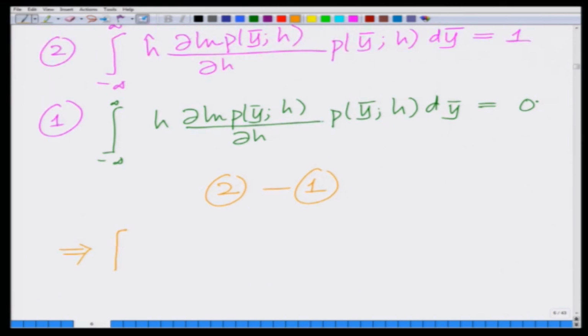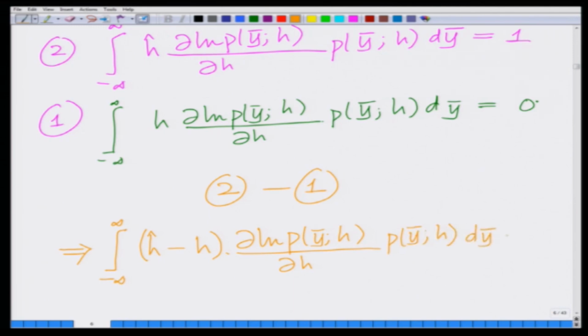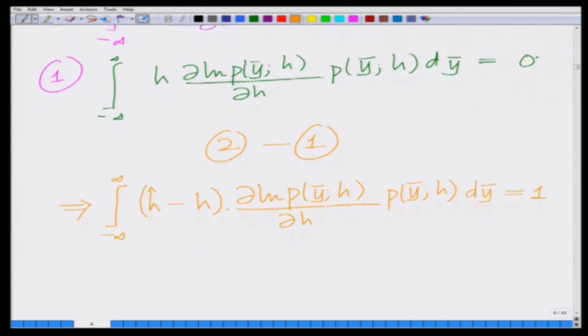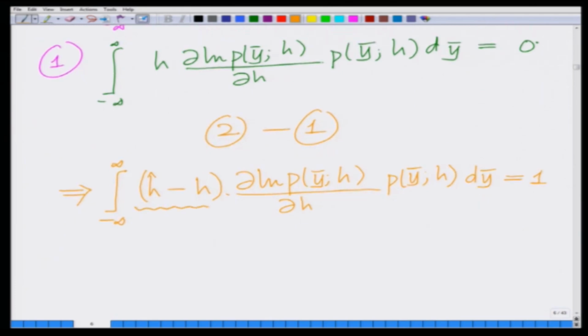This implies h hat minus h times the derivative of the log likelihood function with respect to h times the probability density function of y bar parameterized by h, or basically the likelihood function, dy bar is equal to 1, alright, and this is a central result. And if you look at this quantity h hat minus h, this is nothing but your estimation error, right.